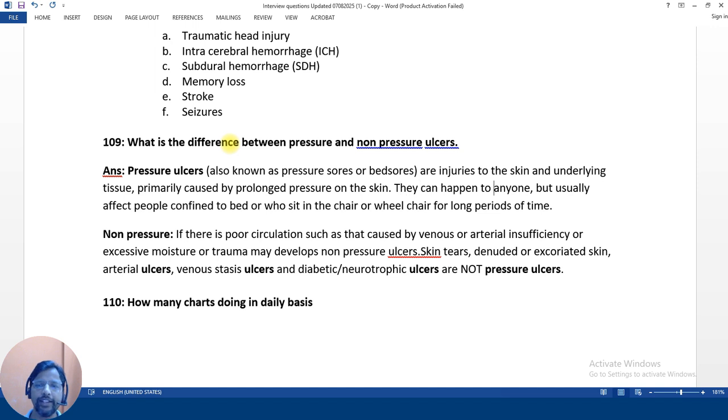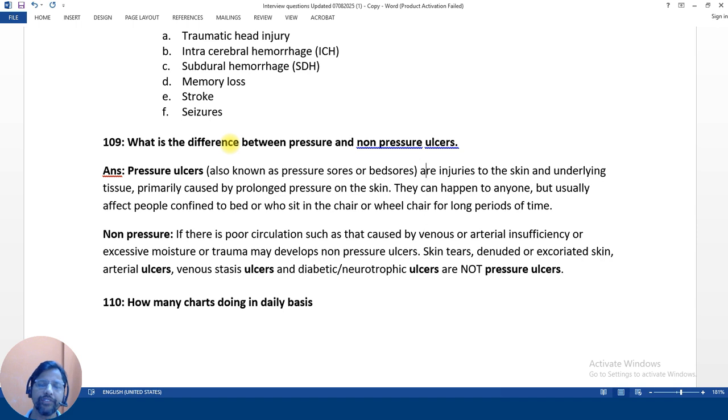They can happen to anyone, but usually affect people confined to bed or who sit in a chair or wheelchair for a long period of time. Non-pressure ulcers may develop if there is poor circulation, such as that caused by venous or arterial insufficiency, or excessive moisture or trauma.